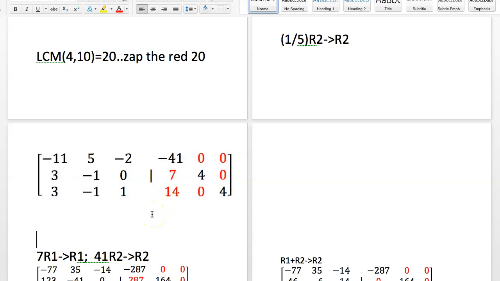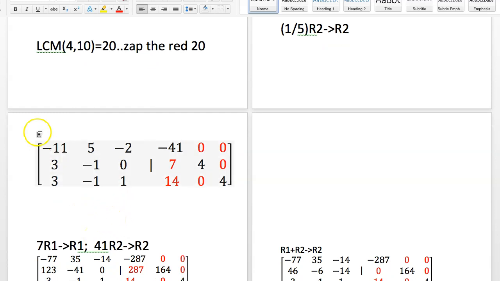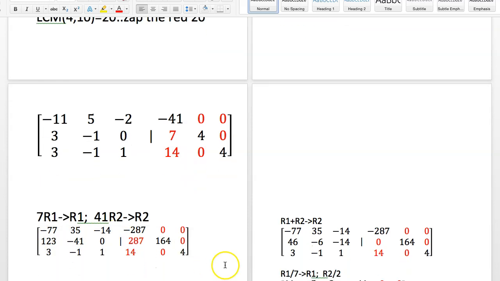Well, let's proceed. It's correct. I guess if I evilly insist on using 7 and neg 41, if we want to do it the hard way, we do 7 times row 1. You do 41 times row 2, and you'll get these ugly numbers.